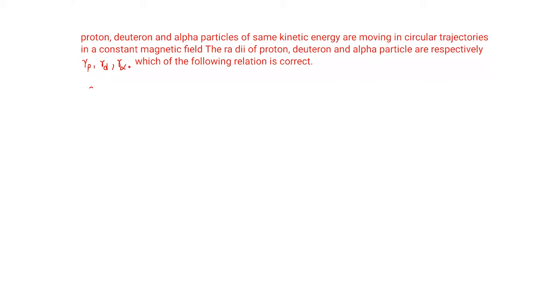Option one: R alpha equal to Rp equal to Rd. Option two: R alpha is equal to Rp less than Rd. Option three: R alpha greater than Rd greater than Rp. Option four: R alpha is equal to Rd greater than Rp.